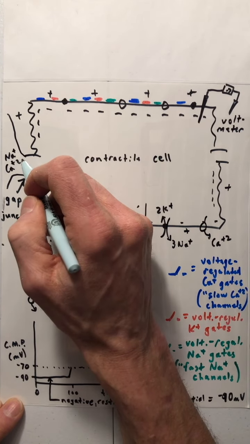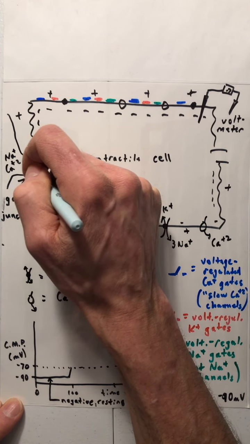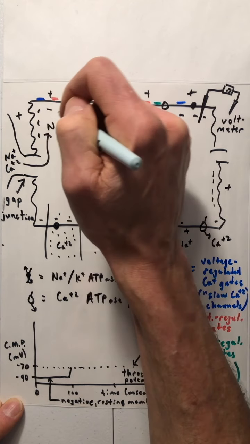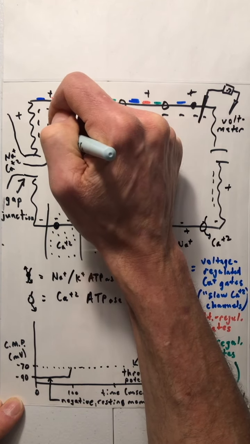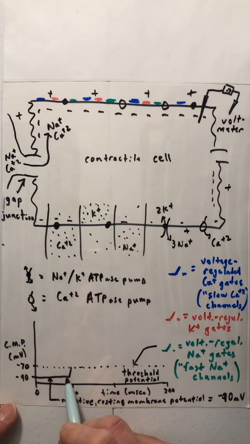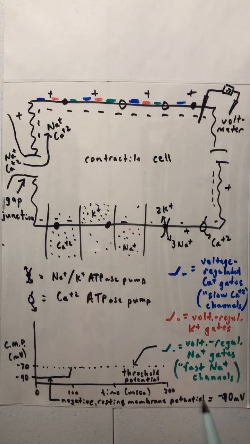And remember, those ions diffuse by simple diffusion through the cytoplasm, through the gap junctions, into this next area here. And that is exactly what brings these contractile cells from minus 90 to minus 70. And that is exactly when these fast sodium channels swing open.